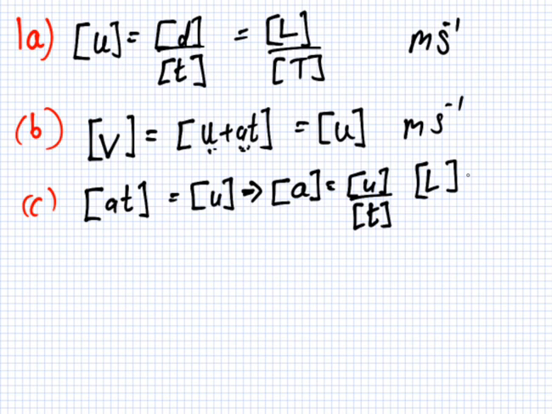So it's length per time squared, right? Yeah, length per time, and there's another time there, so it's length per time squared, so that's meters per second squared. Yeah. Okay.